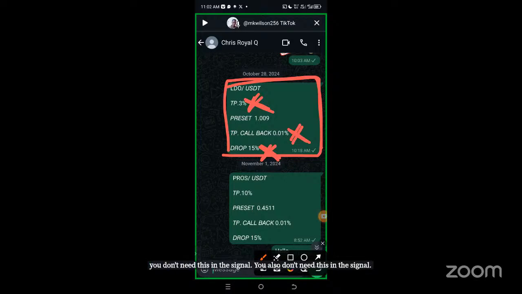What you need from the signal is the preset price, then the LDO, the name of the coin that you want to set in your RoyalQ.